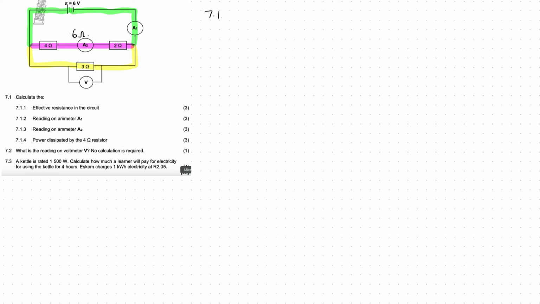So 7.1.1, we're going to say that R total is going to equal R parallel. Now 1 over R parallel is equal to 1 over R1 plus 1 over R2. That's equal to 1 over 6 plus 1 over 3, and we put that in our calculator, so that's 1 over 2.